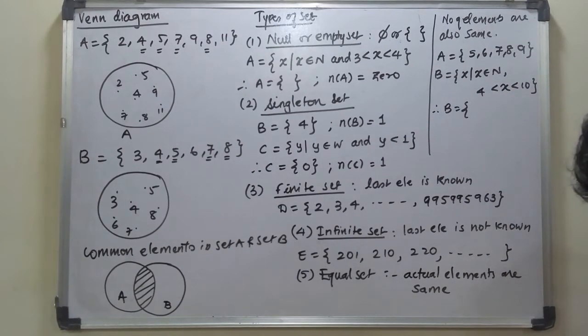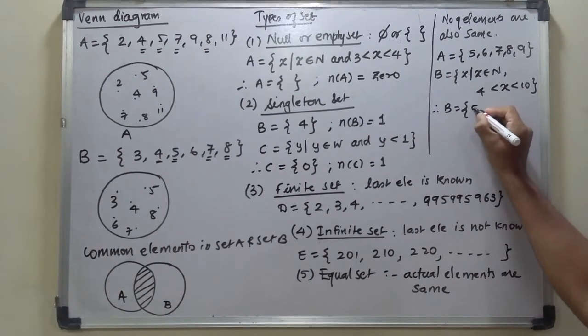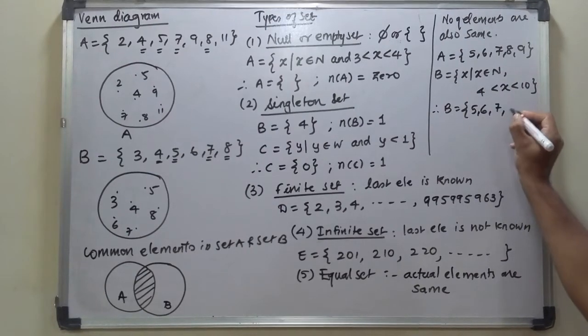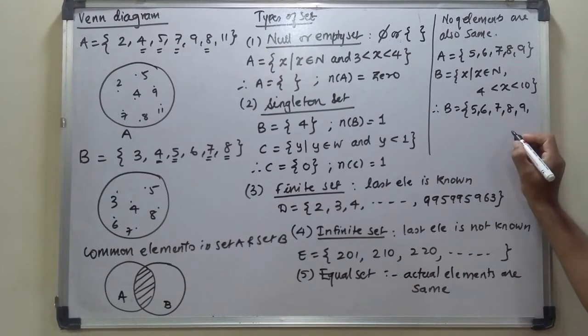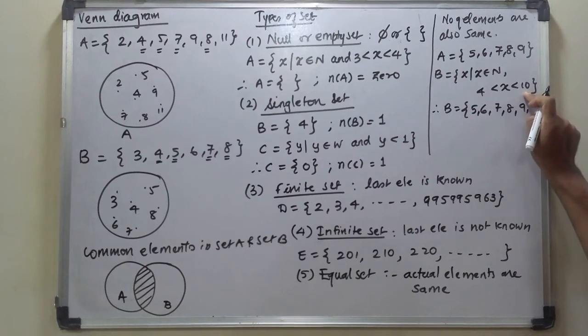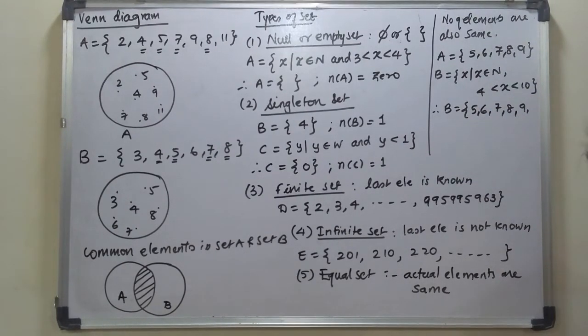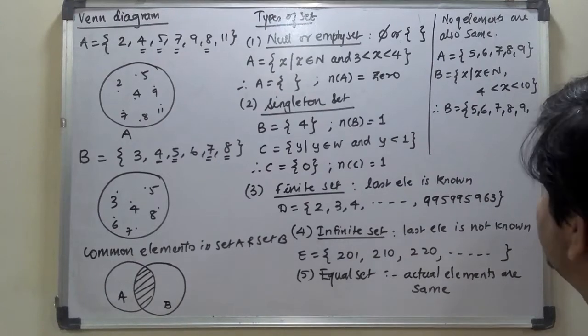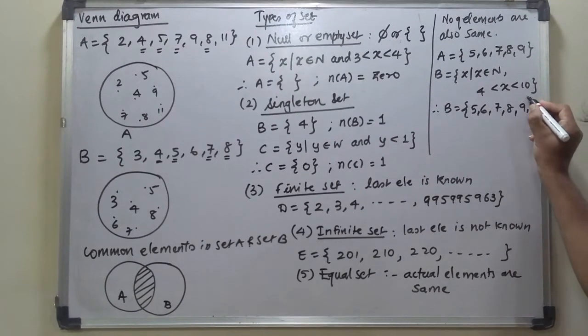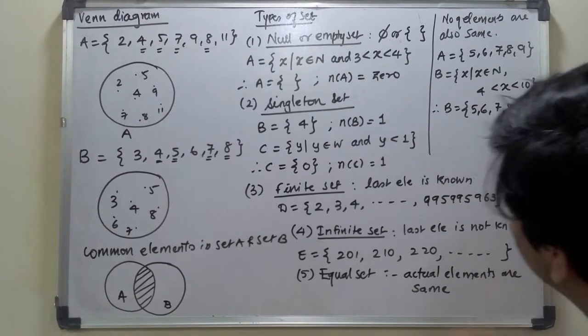So the first counting number which is greater than 4 is 5. Then go on writing 6, 7, 8, 9, and it says it must be less than 10. That means 10 will not be included. So the number after 9 is 10, and it stops here. So how do I complete the brackets here?